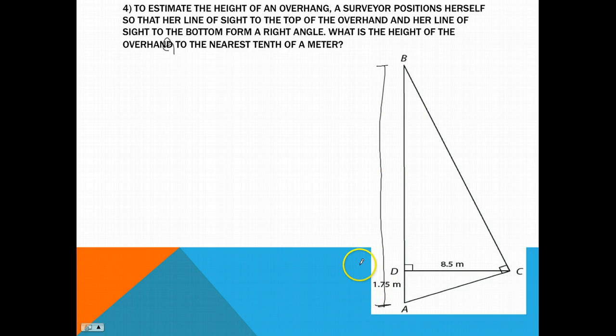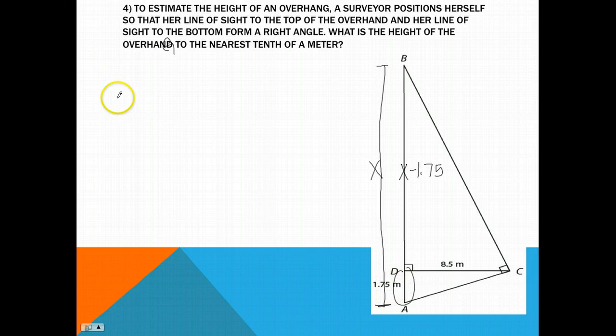Now here we'll also be using some similarities. Since we're given the lengths of some shorter triangles, we'll be using those smaller triangles. Let's call the length of the overhang from B to A, let's call that X. Since that's X, the length of B to D is going to be X minus 1.75, since the length of DA is 1.75 meters.